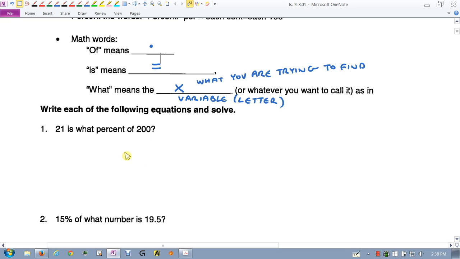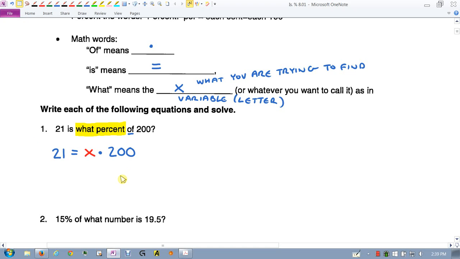So let's try and write this just left to right. 21 equals, what percent is x, of, right there is our multiplication, and then 200. Do you see it?